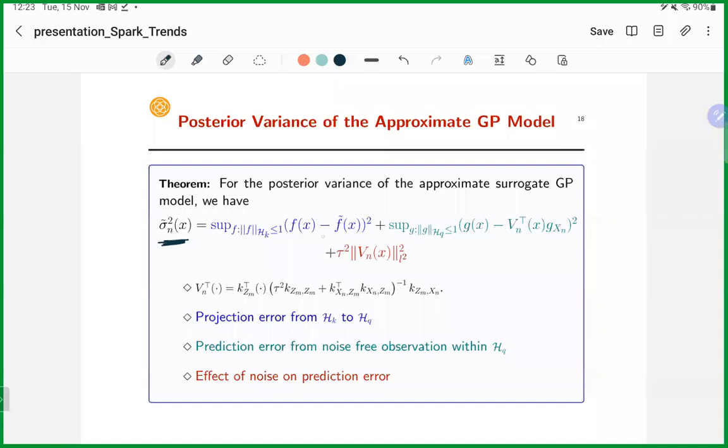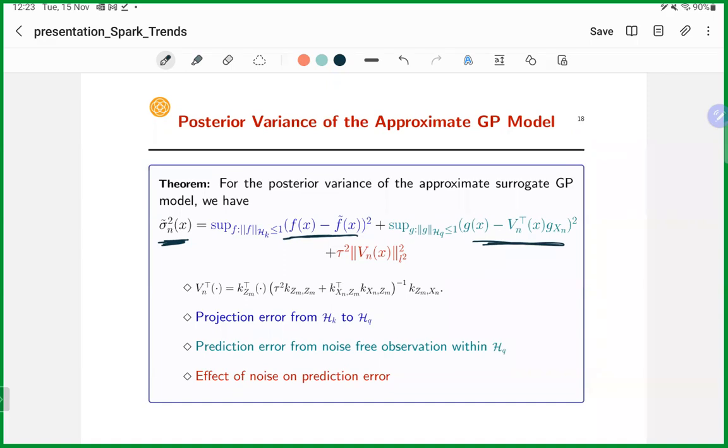The first term captures the projection error from the bigger RKHS to the smaller RKHS. So basically, if F tilde is the projection of F into the smaller RKHS, what is the error in this projection? The second term captures the prediction error from noise-free observations within the smaller RKHS.